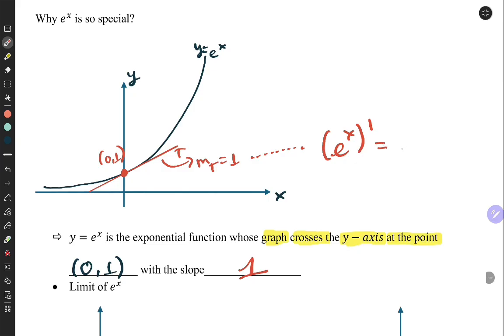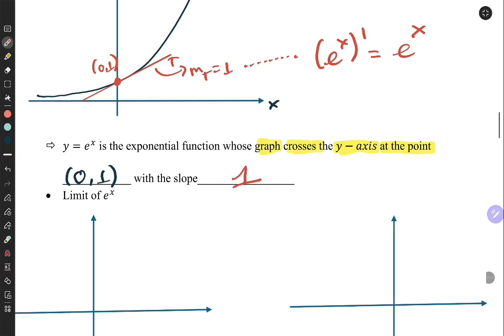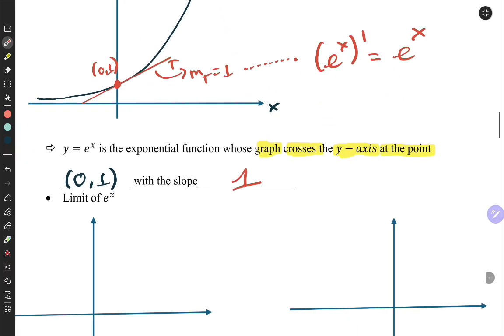It becomes one of my favorite formulas, which is: because the slope is 1, you have the same derivative everywhere. That's one of the special things about the base e. So keep that in mind: the slope at (0, 1) is 1.